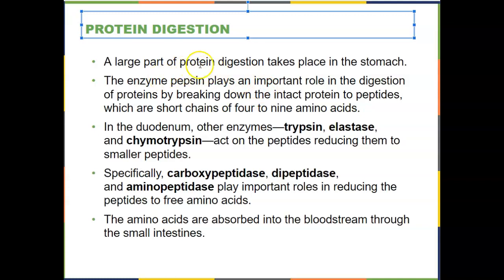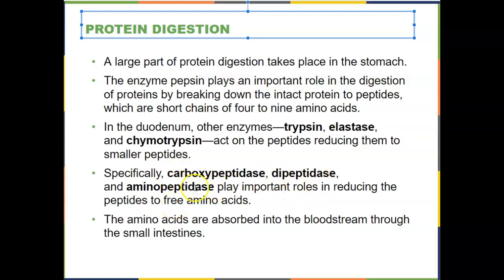That allows pepsin to get at the bonds that it breaks and breaks those proteins down into short polypeptide chains. Then in the duodenum, you've got trypsin, elastase, chymotrypsin right here, which are all specialists that work at either one end or the other end or the middle of a short polypeptide chain and break those things down until we get down to very small peptide chains.